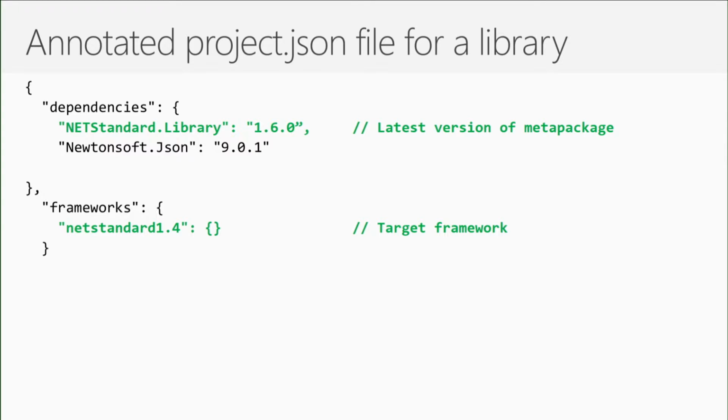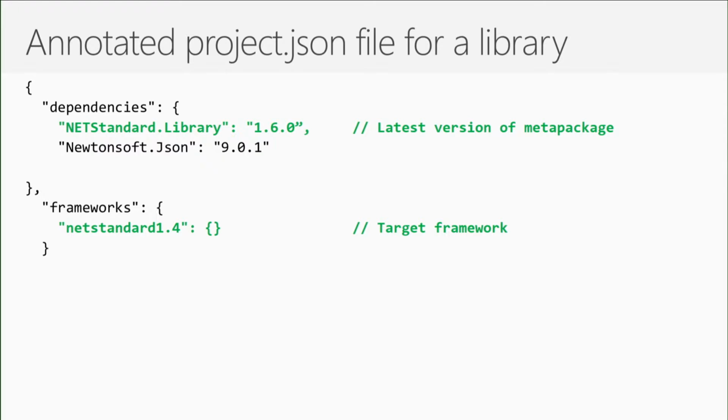It exposes the reference assemblies for all .NET Standard versions. So it's very meta. In this particular case, I want to build a .NET Standard 1.4 library. So this is my target framework. If you use .NET Framework for a while, you know that we have this target framework concept.